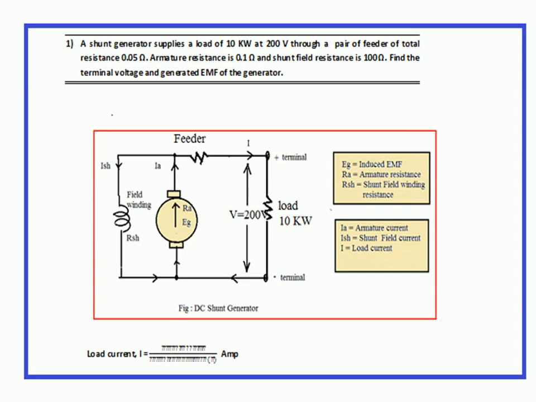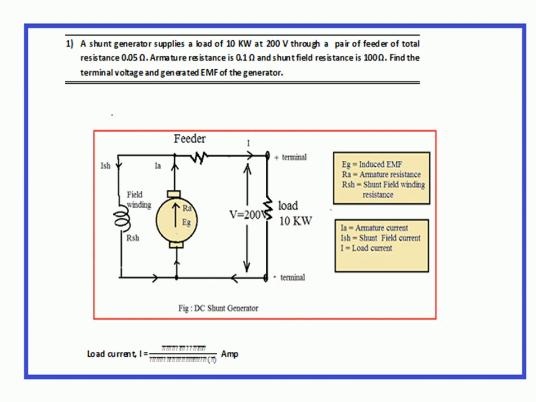A typical shunt generator is shown in the figure. Here the armature has resistance, Eg is the EMF in the armature, and the field winding is connected in parallel. Now the feeder has some resistance. Feeder means the conductors or cables that are connected. Similar type of conductor.